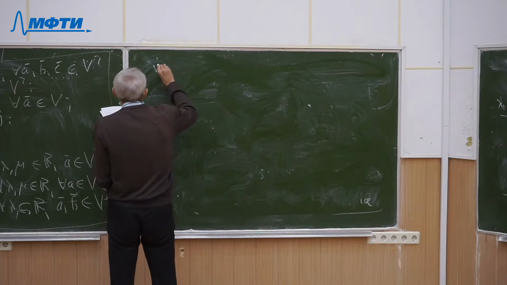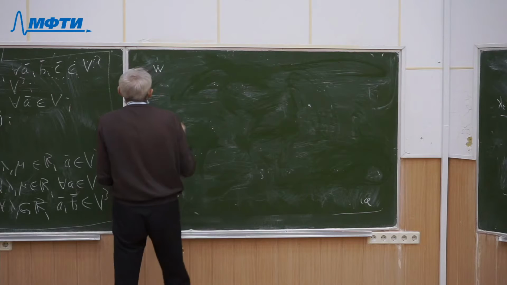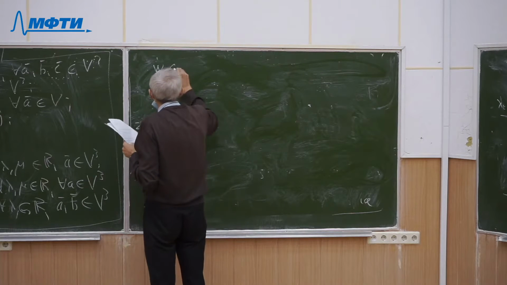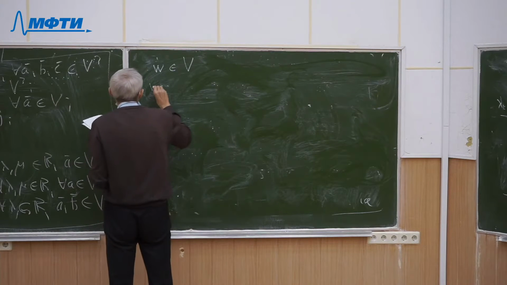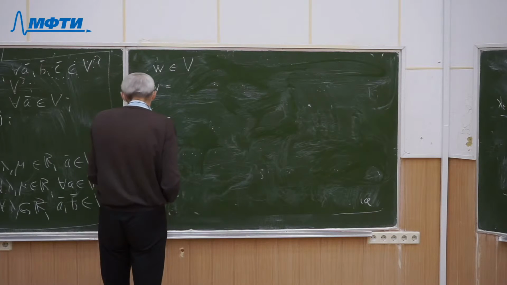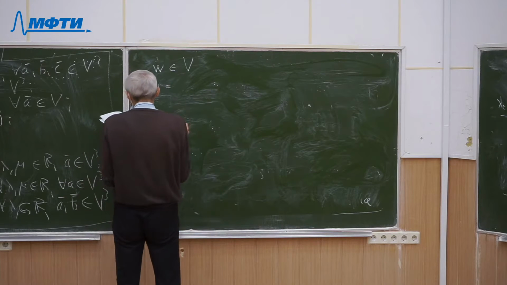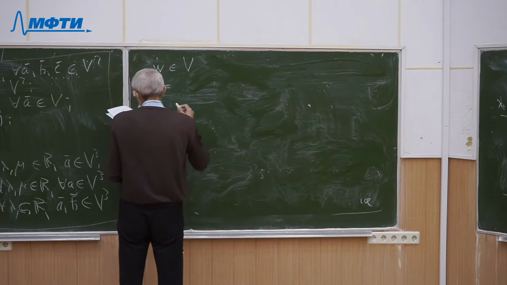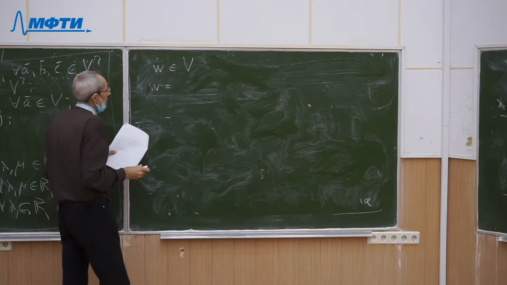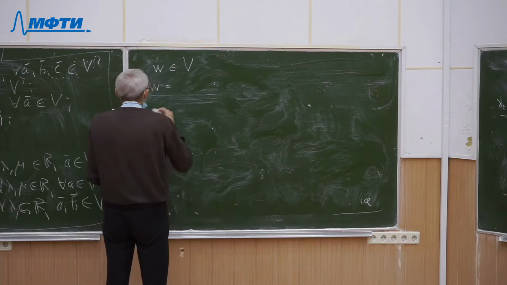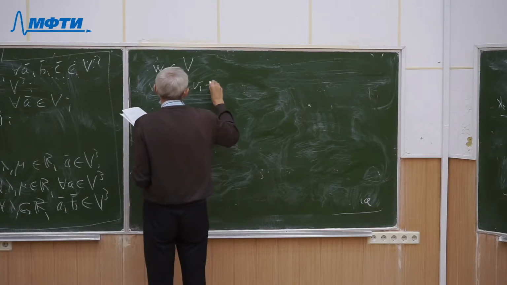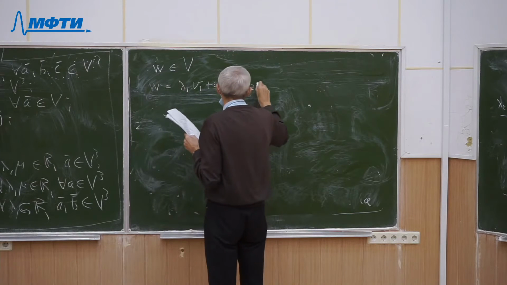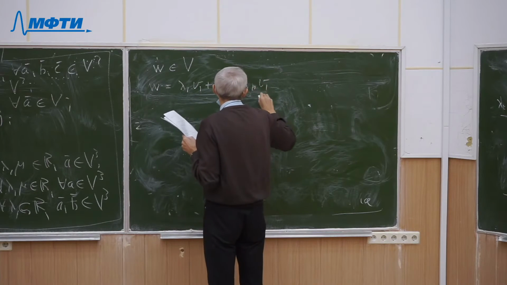Let W be a vector in some vector space V. We say that W is a linear combination of the vectors V1, V2, Vr, if the vector W can be expressed in the following form: lambda 1 V1 plus lambda 2 V2 plus ... plus lambda n Vn.